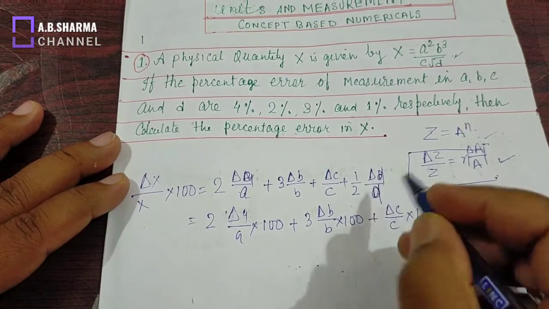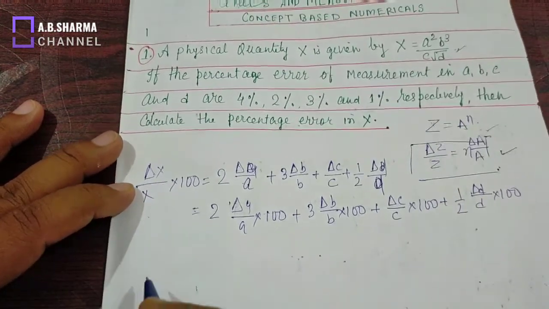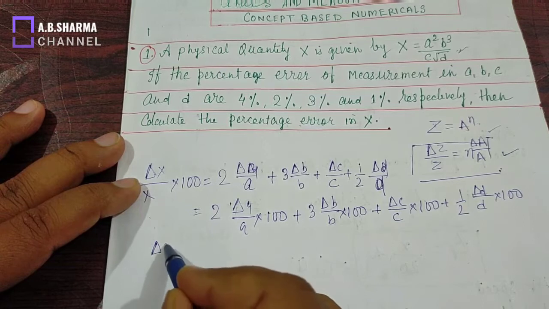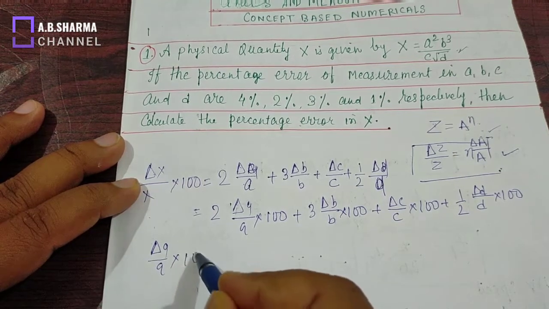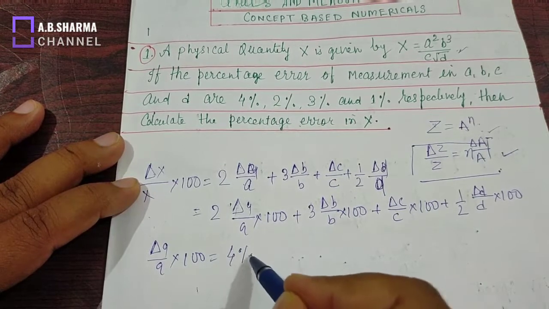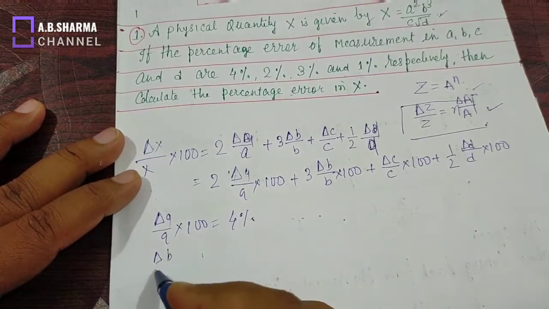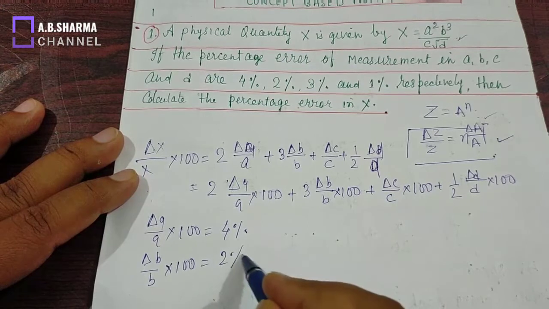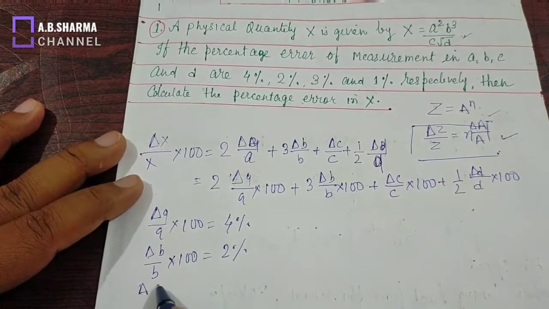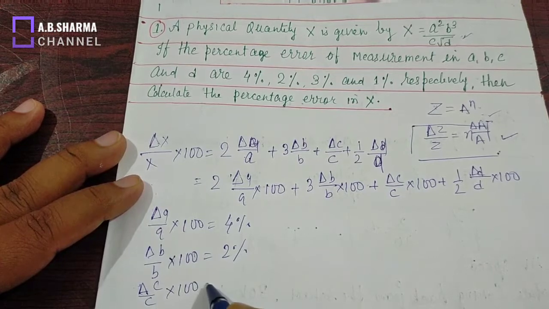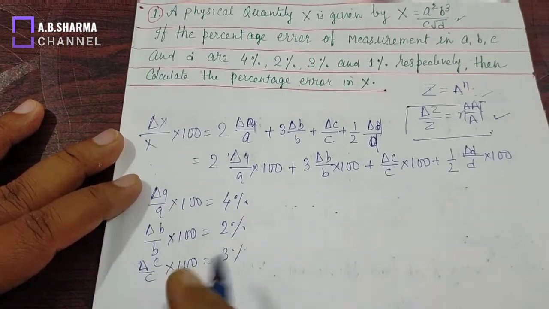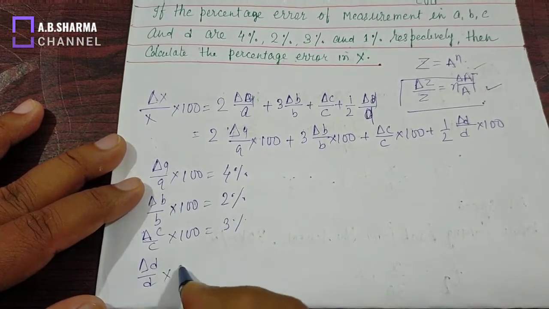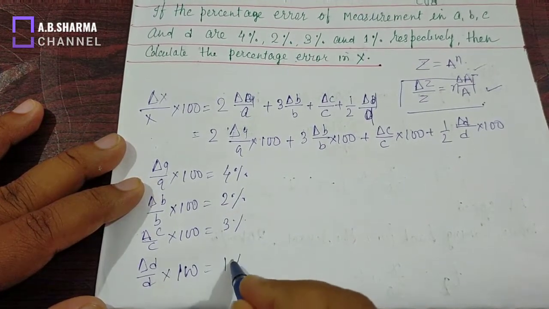Some information is given: percentage error in A, means delta A upon A into 100, equals 4%, delta B upon B into 100 equals 2%, delta C upon C into 100 equals 3%, and delta D upon D equals 1%. These are the information given.